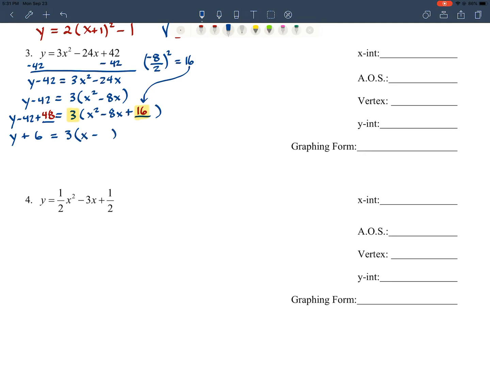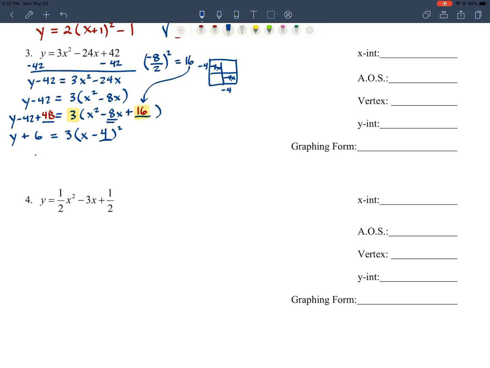And where does this number come from inside of here? Well, remember, if you were doing the box, you would always take that 8 and split it. So you'd have a negative 4x and a negative 4x, which means when you pull it out, you'd have a negative 4 and a negative 4. So this value here is always going to be half of what this one is in the trinomial. So we have x minus 4, that quantity squared.